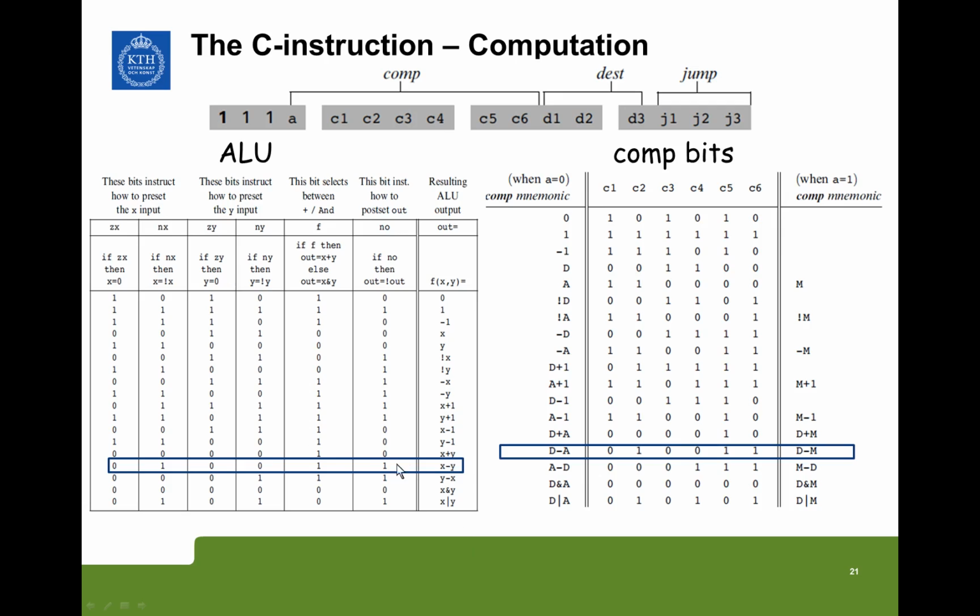So for example, x minus epsilon in the arithmetic unit had inputs 0, 1, 0, 0, 1, 1, and D minus A, alternatively D minus M, needs in the C instruction C bits as 0, 1, 0, 0, etc. Right? So the same bits. This will help us actually to define a simple control of our arithmetic unit.